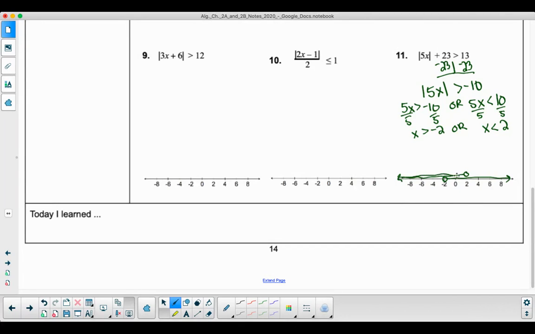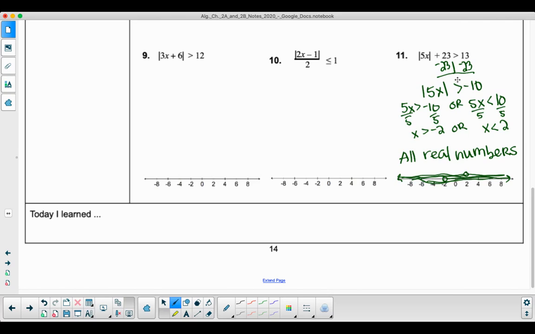So this whole number line is being covered by this "or" statement. So the answer to this type of an inequality problem is going to be all real numbers. All right, so if it ends up overlapping across that whole number line, all real numbers.